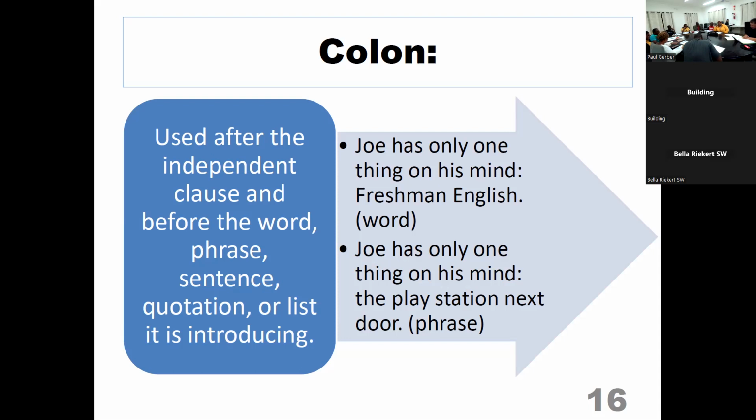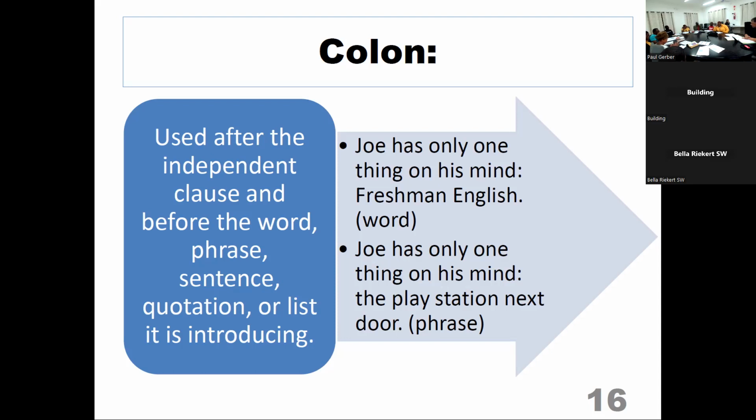So it's used after the independent clause and before the word, phrase, sentence, quotation, or list it is introducing. So you see that: Joe has only one thing on his mind: Frenchman, English. So it comes before that word, right? Then: Joe has only one thing on his mind: the PlayStation next door. And that's the phrase.